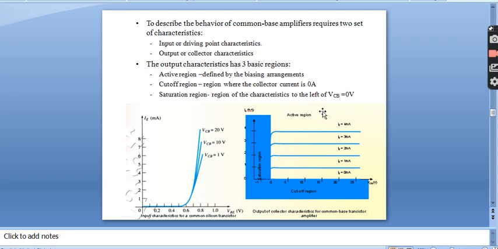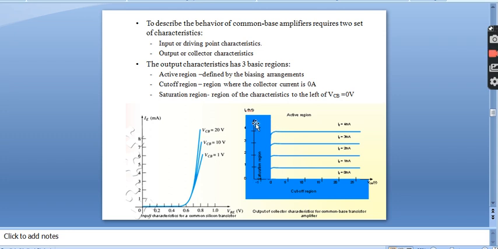Next, the cutoff region is where the collector current is 0. The saturation region is defined by VCB equal to 0, the left of VCB equal to 0.